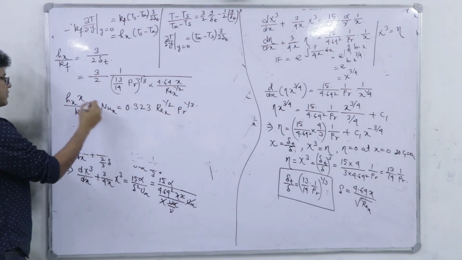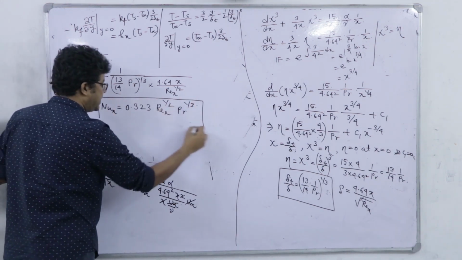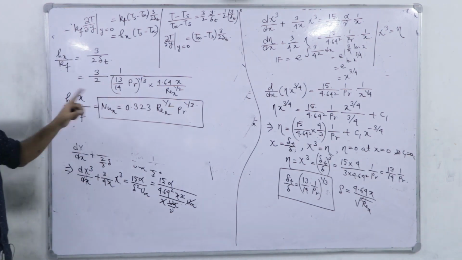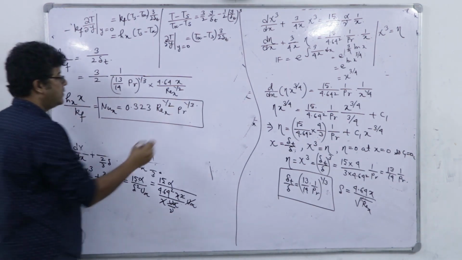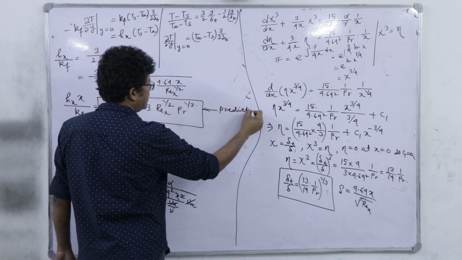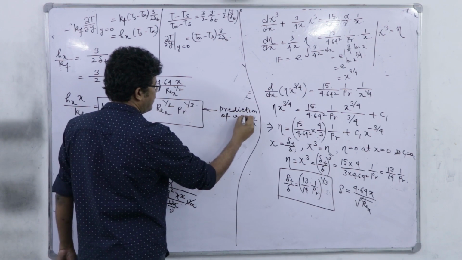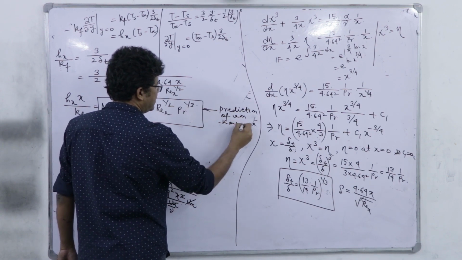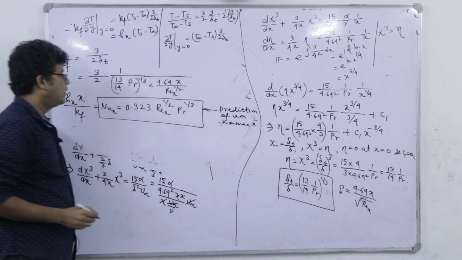That is the dimensionless correlation we can obtain from von Karman, but actually that is the prediction of von Karman.